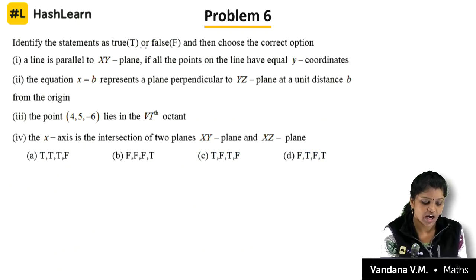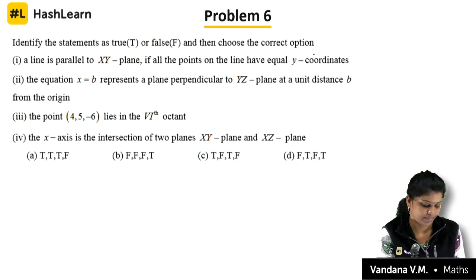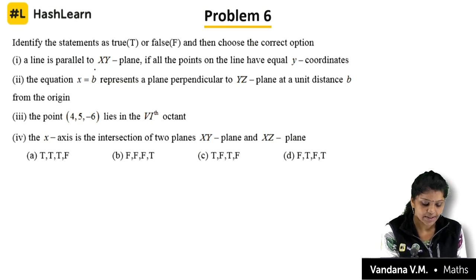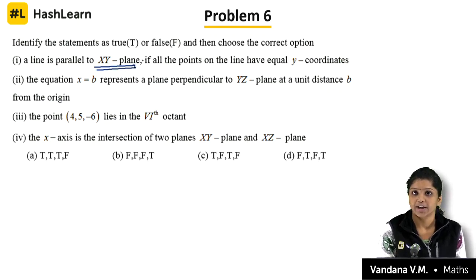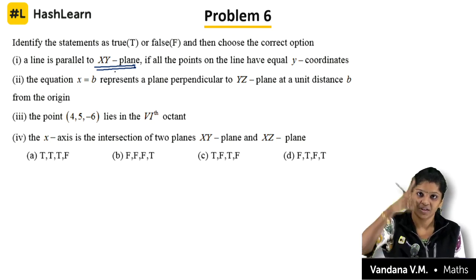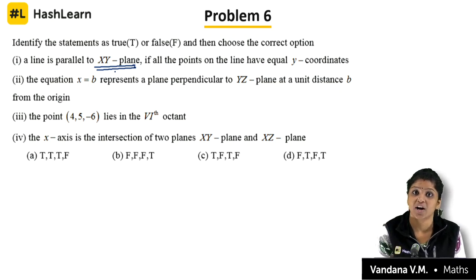Identify whether the statements are true or false, then choose the correct option. A line is parallel to xy plane if all the points on the line have equal y coordinate. If you are taking xy plane, it must be parallel to what? Not the y coordinate, isn't it? If you are taking something parallel to the xy plane, the z coordinate should be equal, isn't it?